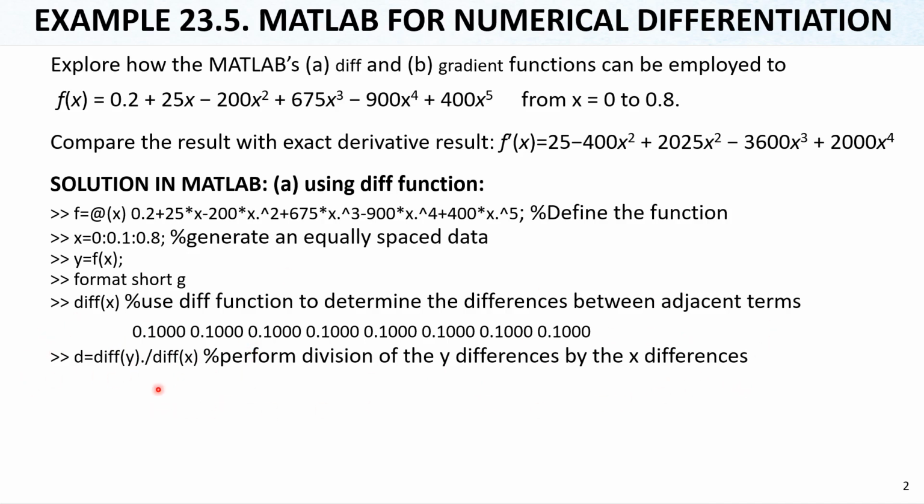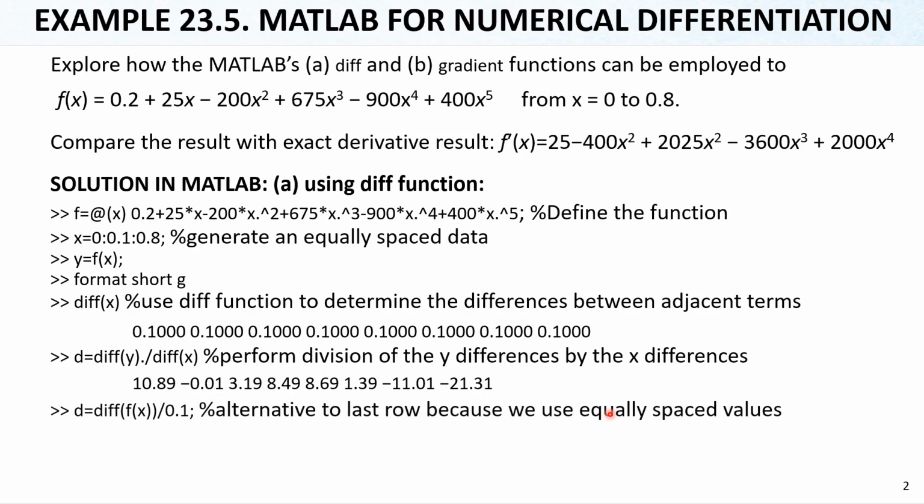And the results are these for each spacing. When we use diff fx divided by 0.1, 0.1 is the h value, the step size. This is an alternative to the last row, because we have equally spaced data.